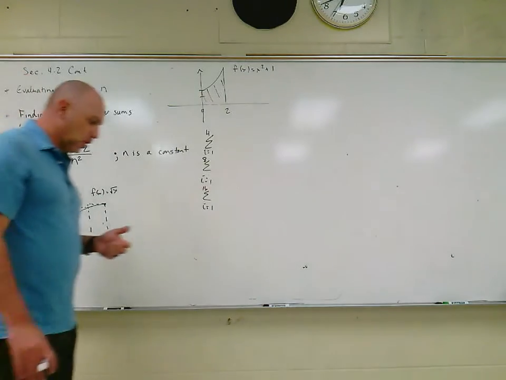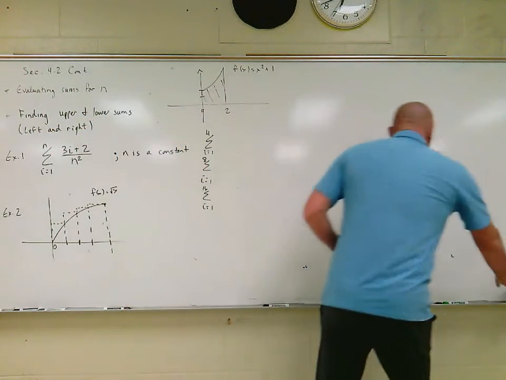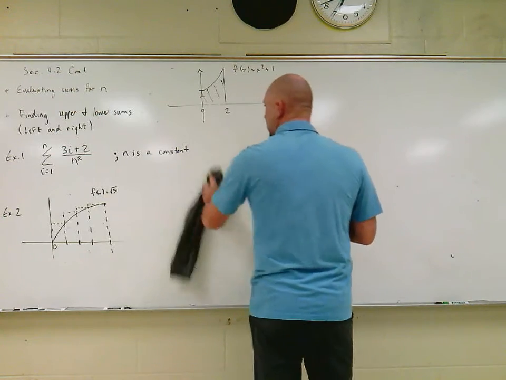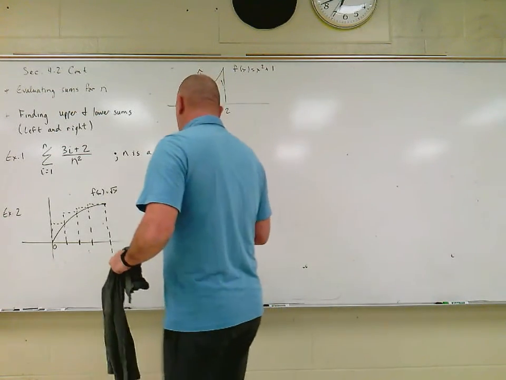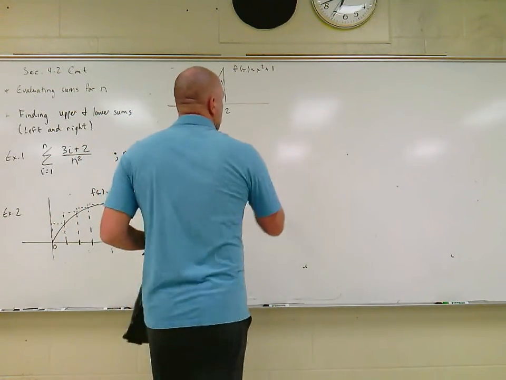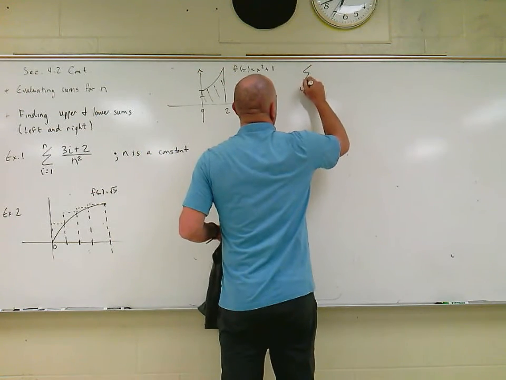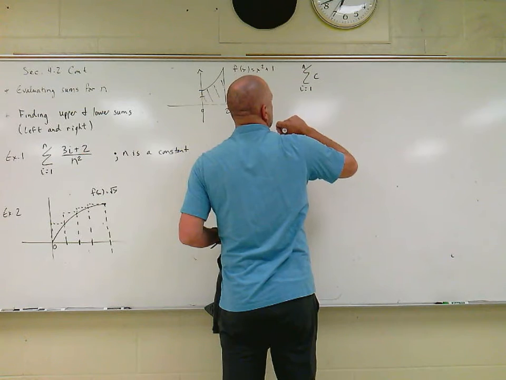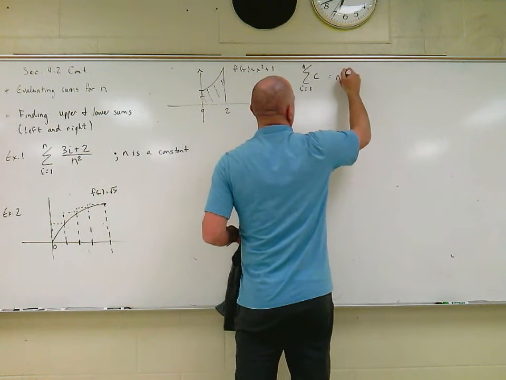All right, so let's remember our summation rules real quick. What is the rule for the sum of a constant, 1 to n? What's the sum of a constant? n times c. n times c, all right.